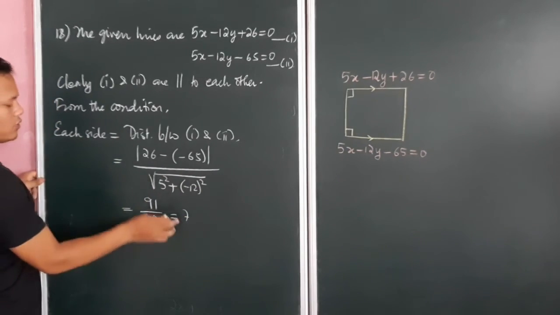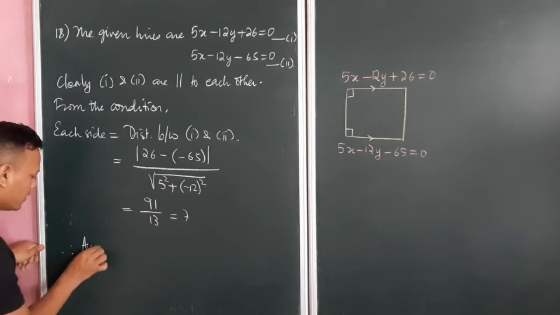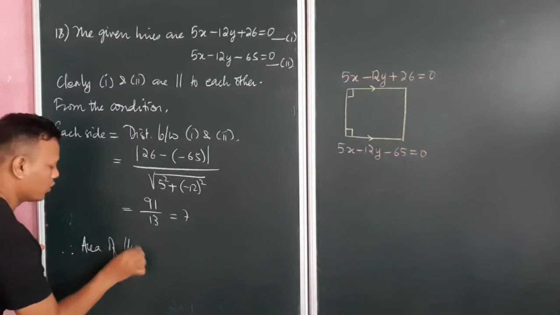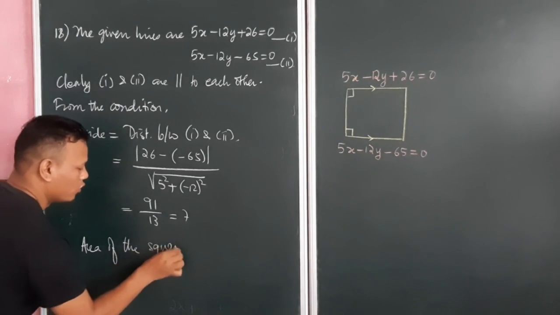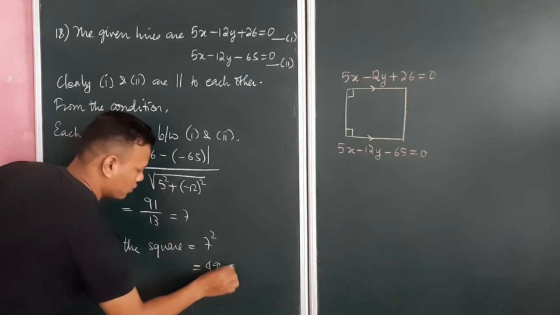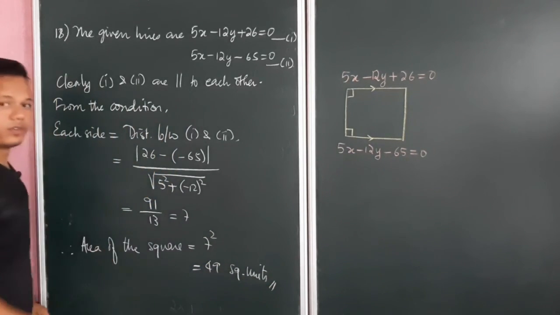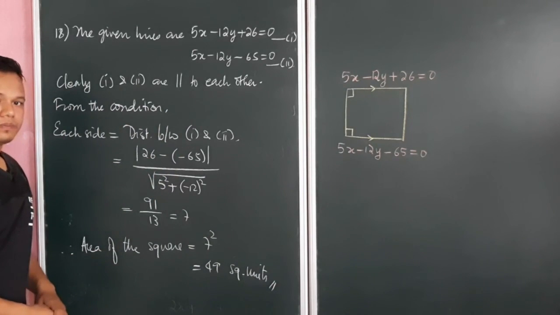So each side is equal to 7 units. Therefore, the area of the square using the formula side square is 49 square units. You may pause the video to note down.